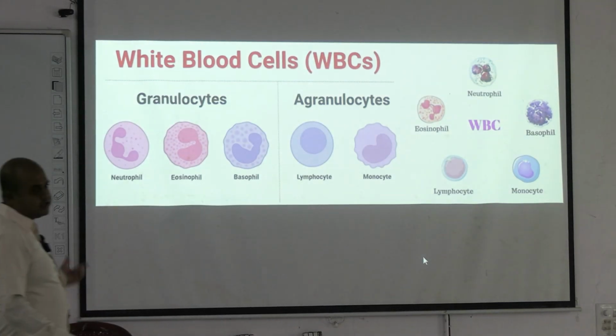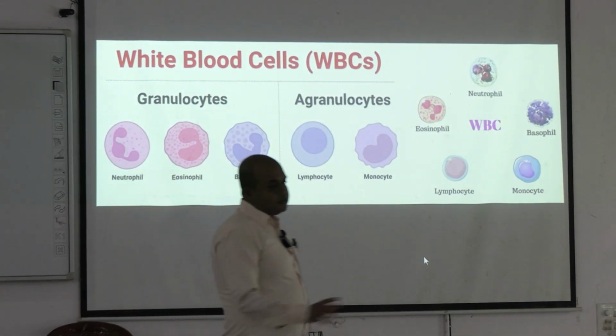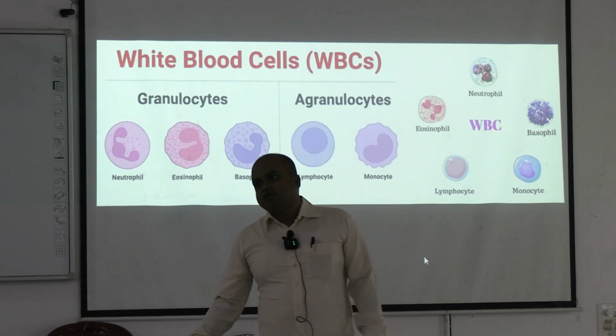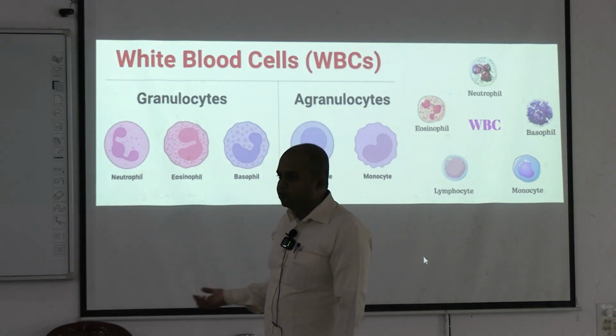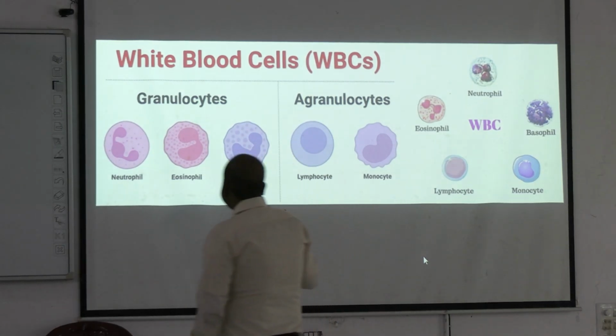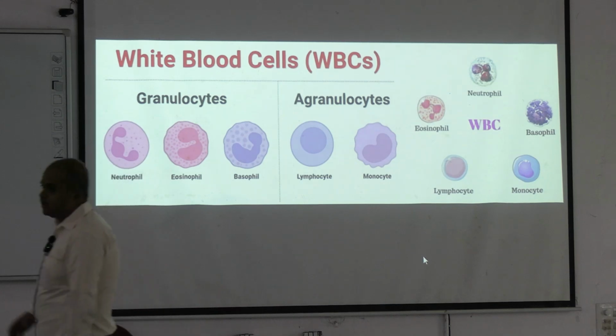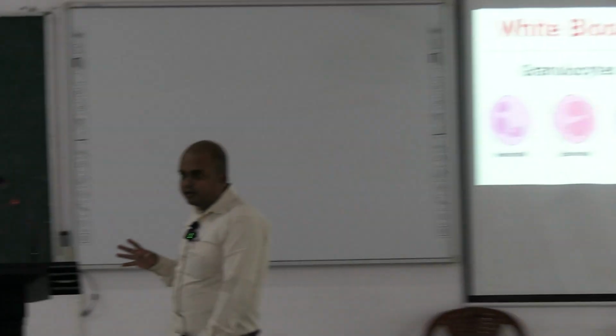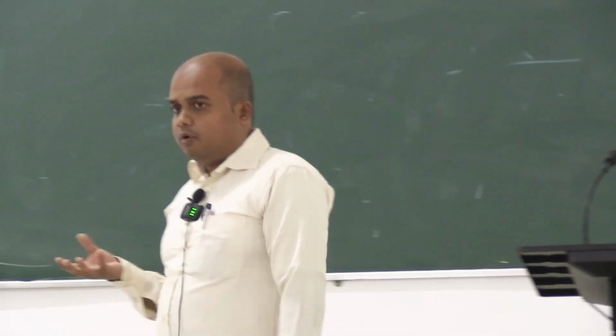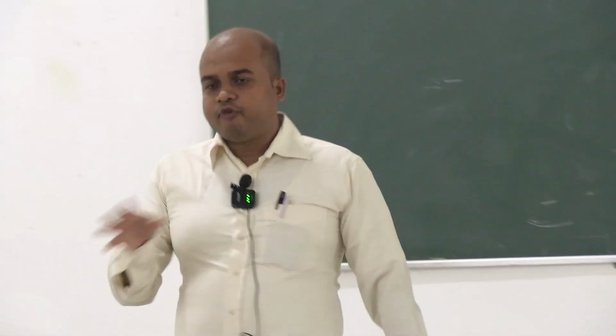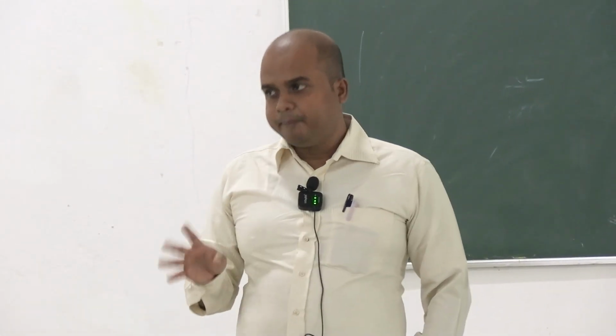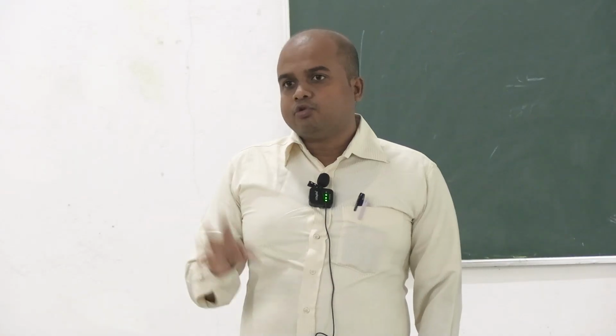White blood cells are divided into granulocytes and agranulocytes: neutrophils, eosinophils, basophils, lymphocytes and monocytes. The main function of neutrophils is combating acute bacterial infections by a process called phagocytosis, which you should know about.